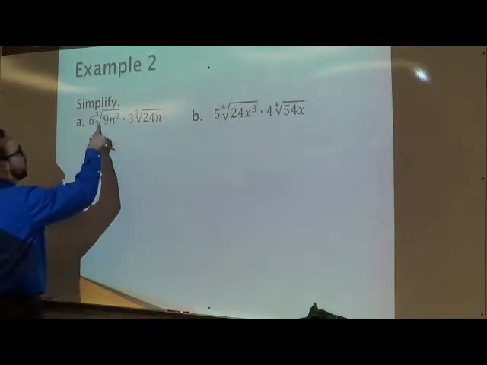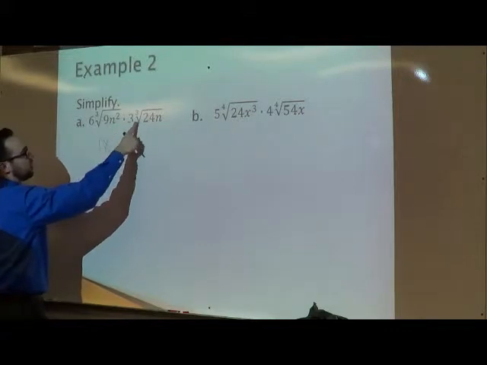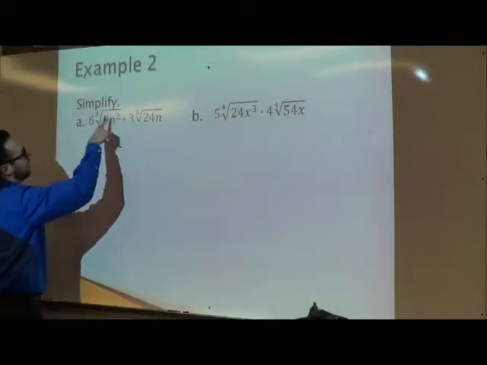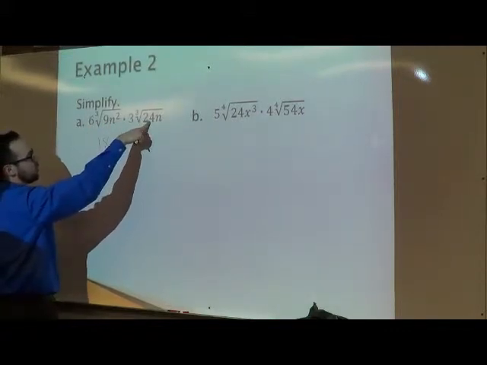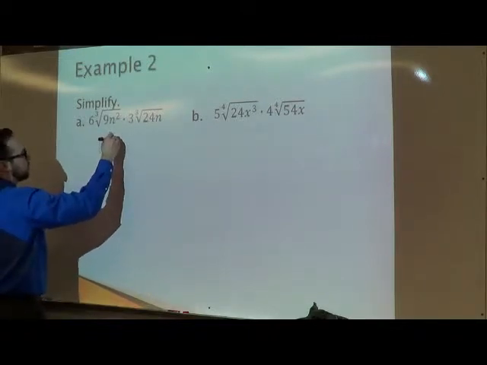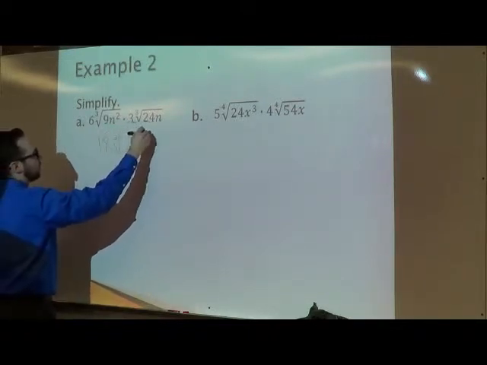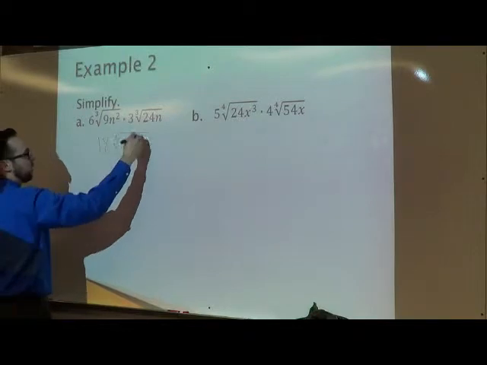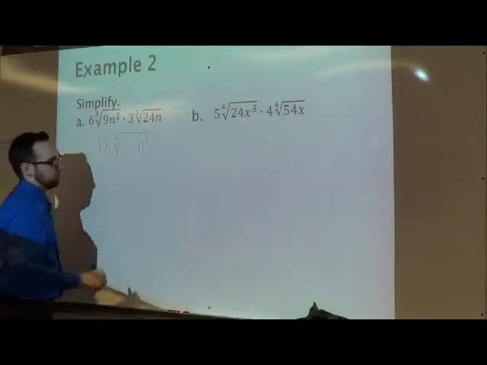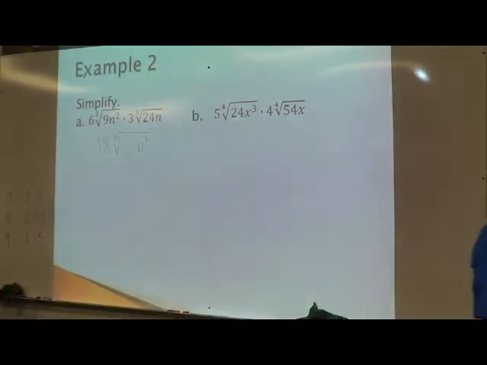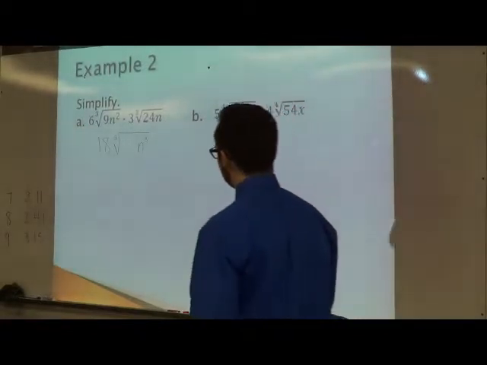And then we have the cube root of 9n squared times the cube root of 24n. So 9 times 24, we can do that. And then we'll also have n squared times n, which will just be n cubed. So we grab a calculator and we can do 24 times 9, which gives us 216.